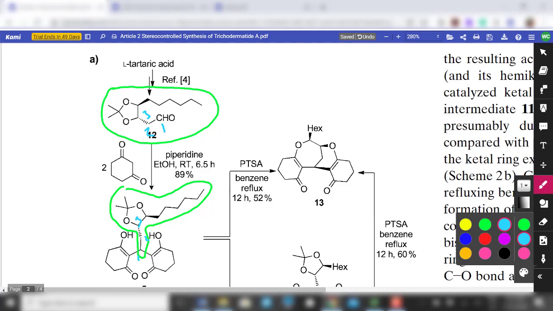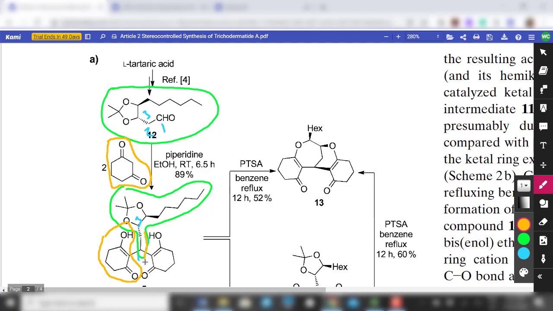You also realize one interesting phenomenon: this particular 6-membered ring, which is a diketone, 2 of it is actually being added into the structure. So it's over here, and it's actually over here. Most importantly, let us look at the reagents and conditions.